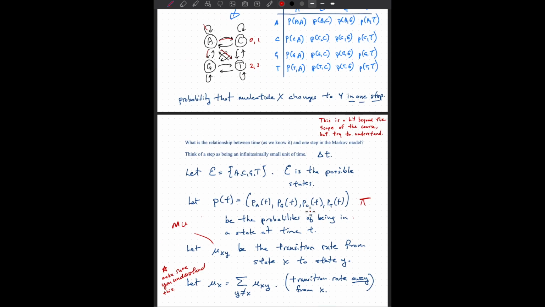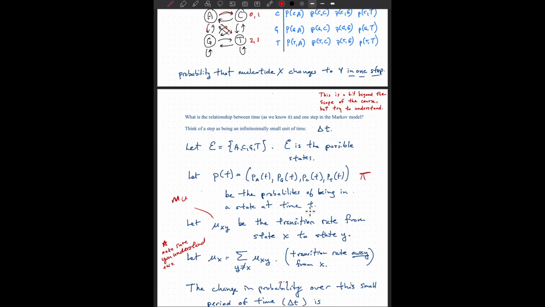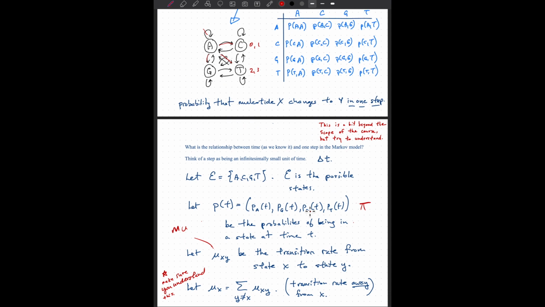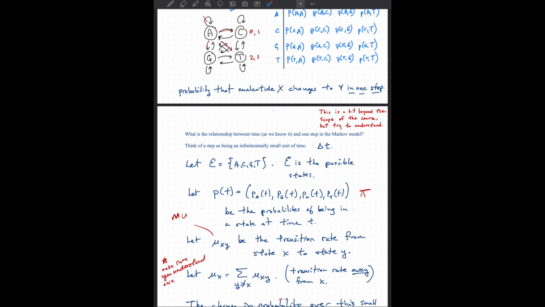For example, mu of A to C, that's mu sub AC, and this would be mu sub TA. So that's this arc here, and mu CA is this arc here. So these are just your transition probabilities as before, nothing new.